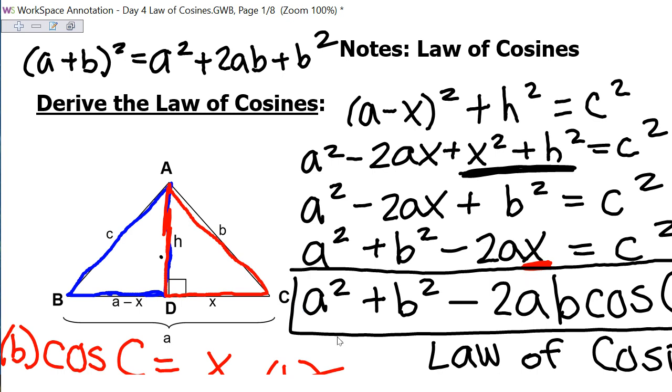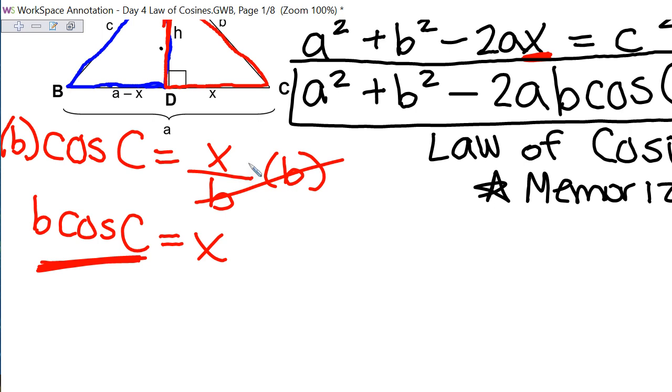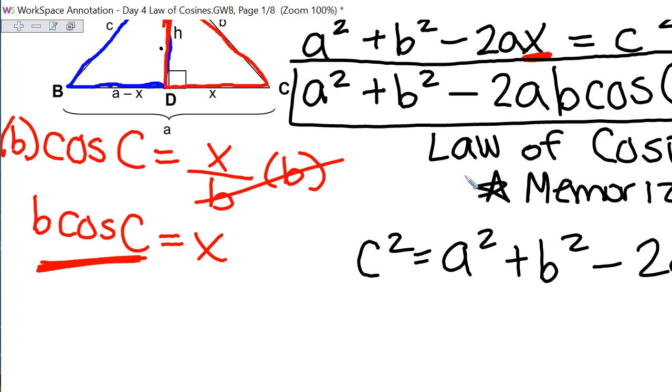The most common way that the law of cosines is written is just c squared equals a squared plus b squared minus 2ab cosine of angle C. And let me tell you where some of these variables come from, and then we'll derive the other 2 formulas.